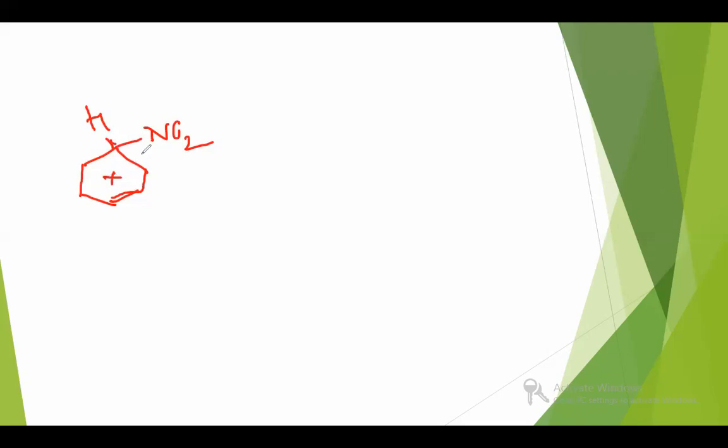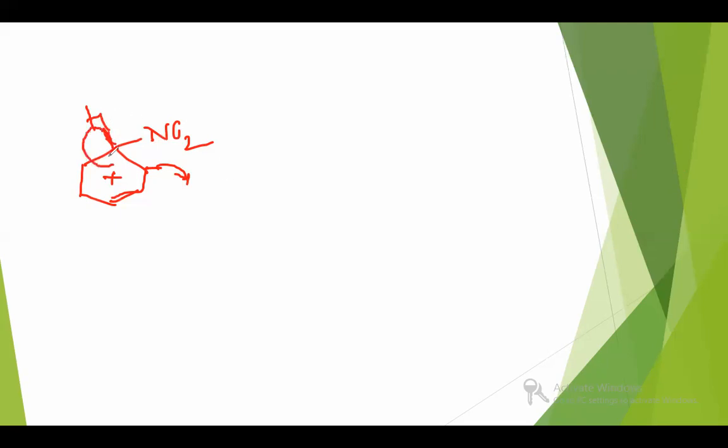Now this proton is on the carbon next to the NO2 group, next to the electron-deficient positive charge. Either this side hydrogen or that side hydrogen gets eliminated, removed as H plus by HSO4 minus, which becomes H2SO4.